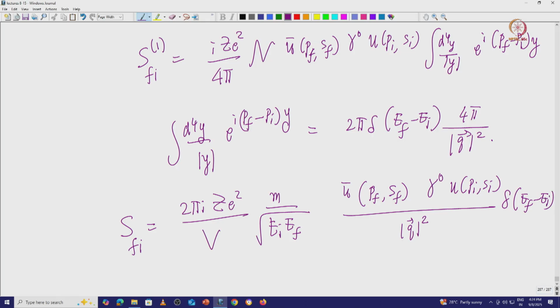Now you see I have not made the photon field dynamical, I took a static photon potential and I still get a propagator like 1 by q squared essentially.